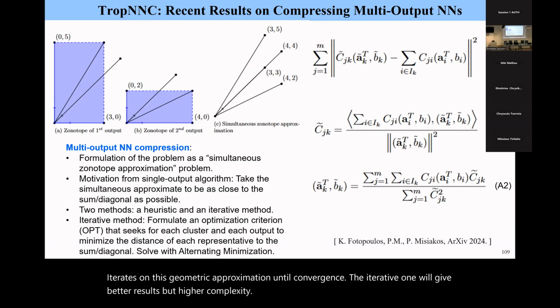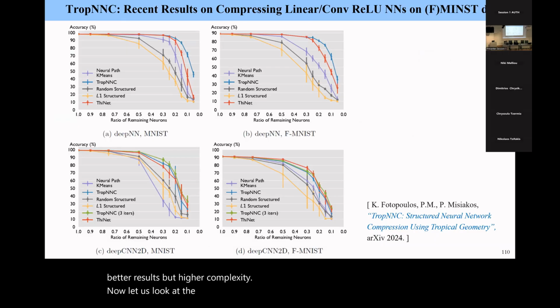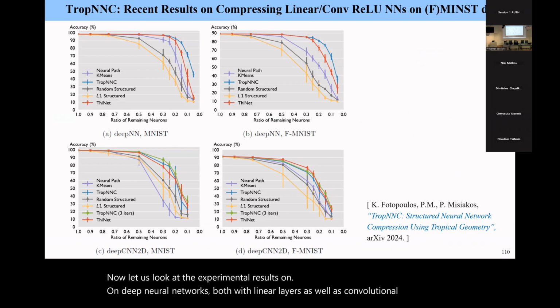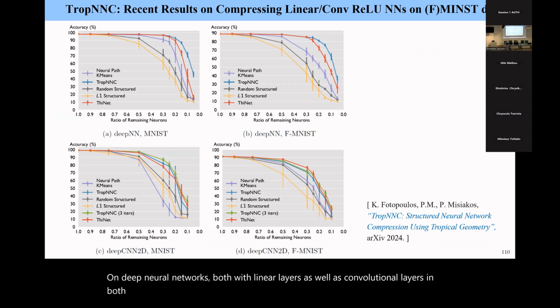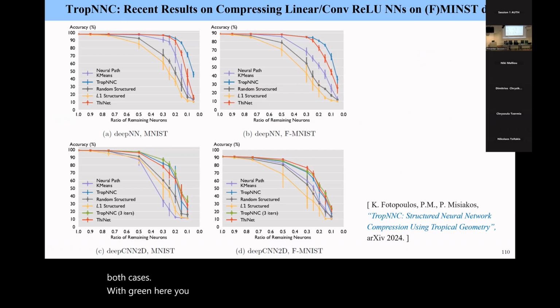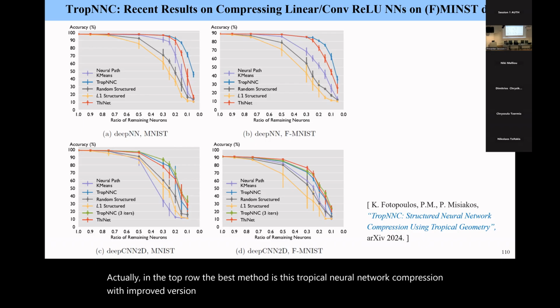Now let us look at the experimental results on deep neural networks, both with linear layers as well as convolution layers. In both cases, in the top row, the best method is this tropical neural network compression, the improved version of compressing the network based on the zonotopes.